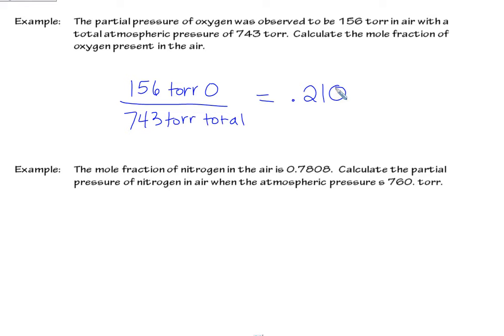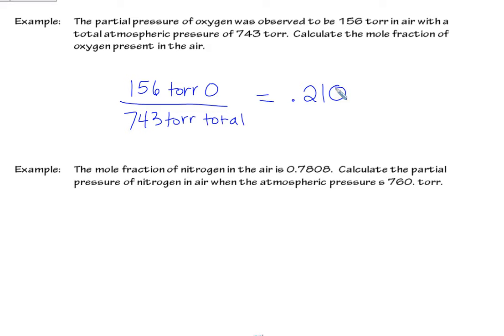Here's another way we can use this then. The mole fraction of nitrogen in air is about 0.7808. Or in other words, it's saying that air is about 78% nitrogen. Calculate the partial pressure of nitrogen in air when the atmospheric pressure is standard, 760 torr. Piece of cake.